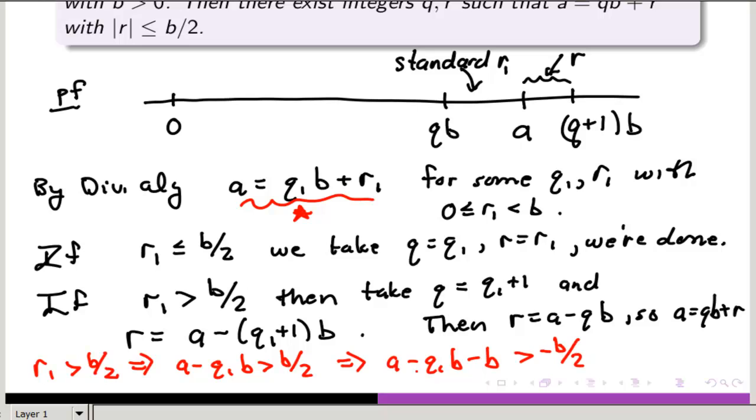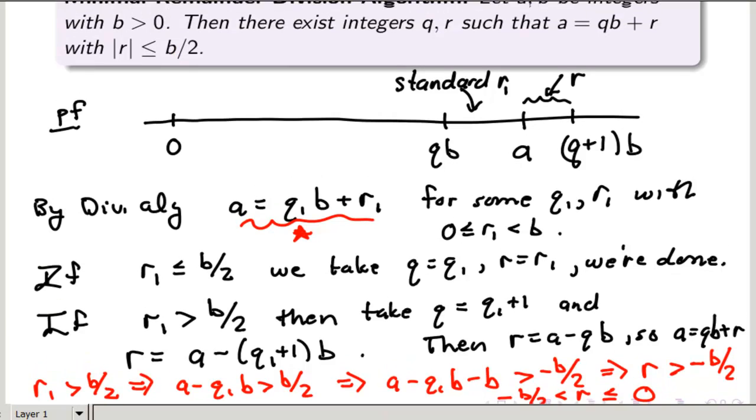And this is R. So R is strictly bigger than minus B over 2, and clearly R is a negative quantity. So we have that minus B over 2 is less than R, is less than or equal to 0. And so in absolute value, it is bounded by B over 2. Okay, so we've got this one.